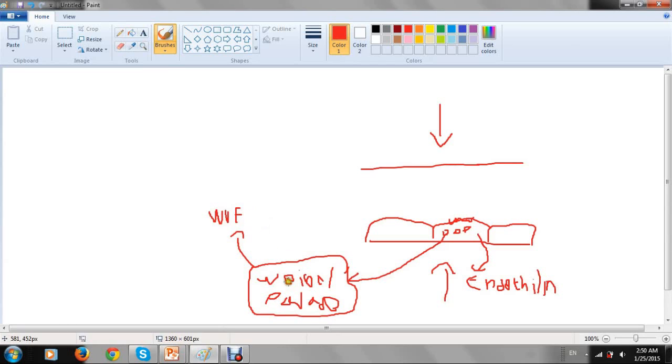Okay, so Weibel-Palade bodies, special granules inside the endothelial cells, they release mediators, which include von Willebrand factor due to injury. Sorry, I got it wrong. It's supposed to be like this.